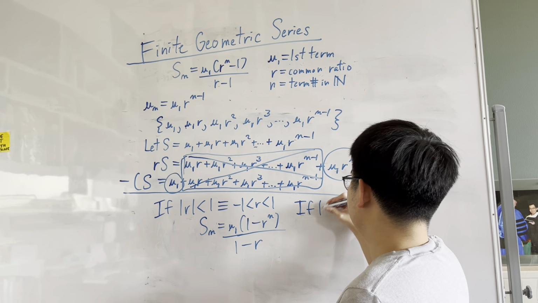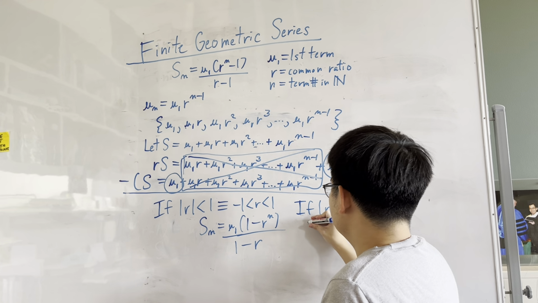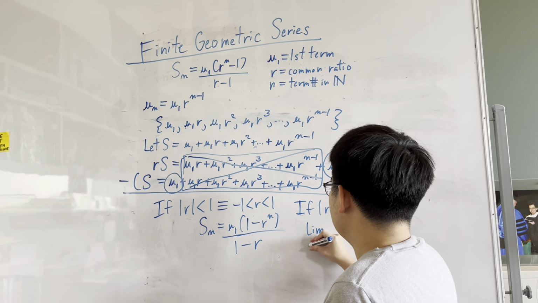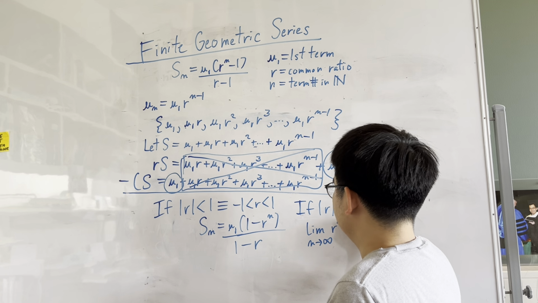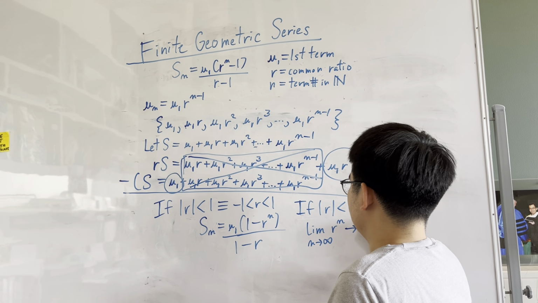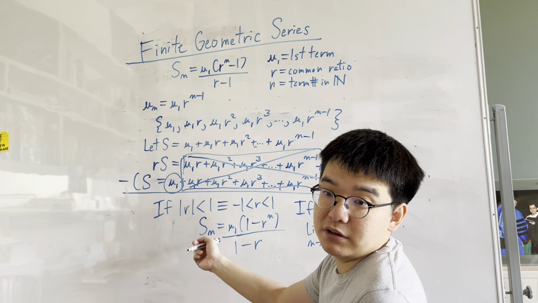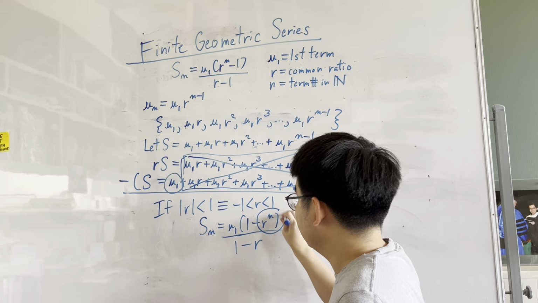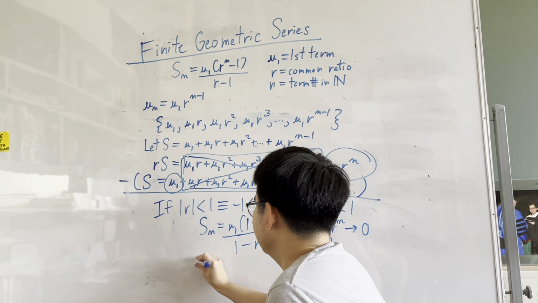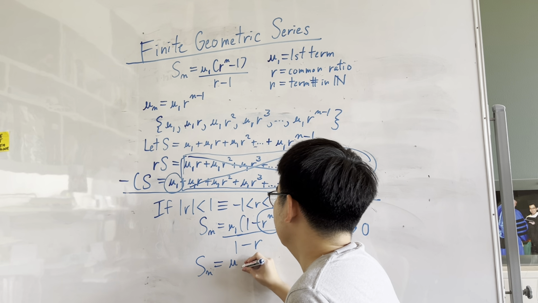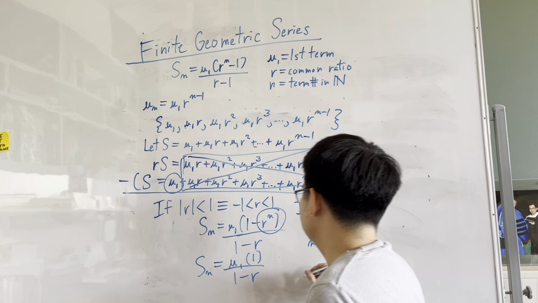If the absolute value of r, if the common ratio, is bounded between these values, the limit as n goes to infinity of r to the n goes to 0. So basically, you take the limit, look at infinitely many terms, and for this part of the series, that term just goes to 0, gets destroyed. So we get S equals u1 times 1 over 1 minus r.